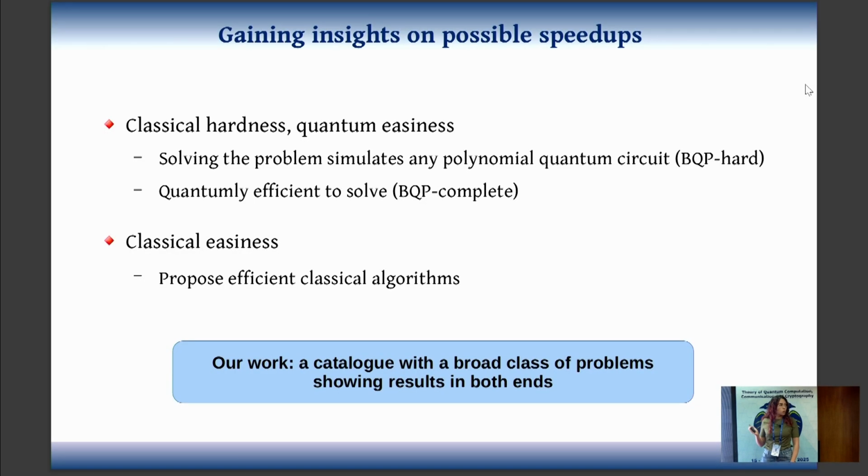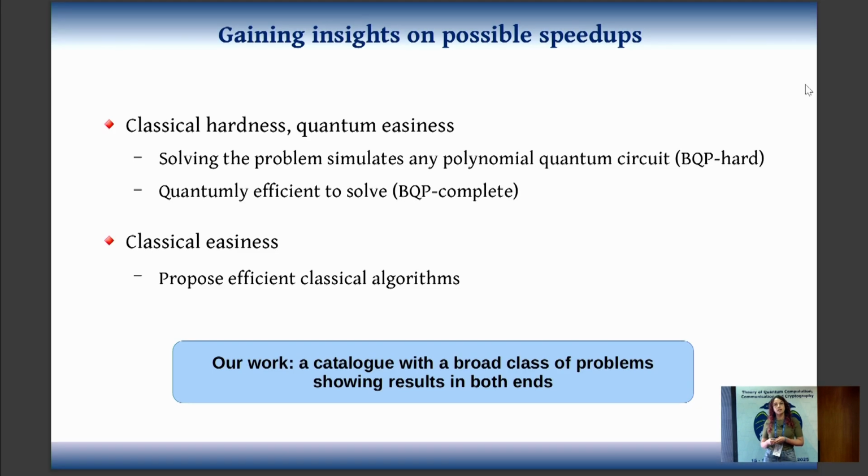So in this work, what we provide is a catalog with a bunch of problems for different functions, different characteristics of the matrices, and different access models also for the matrices. Because one thing that I didn't mention is that QSVT depends on inputting an oracle for your matrix.